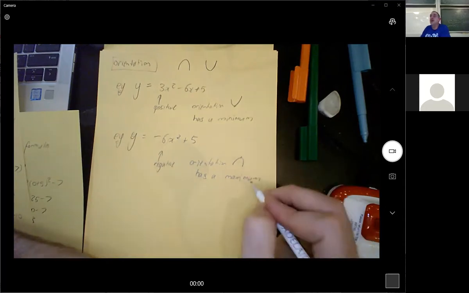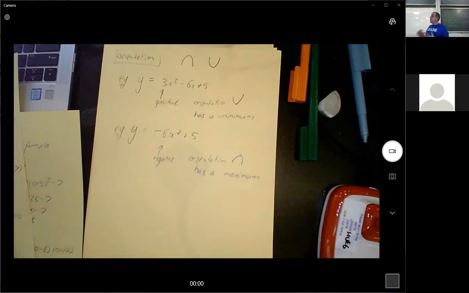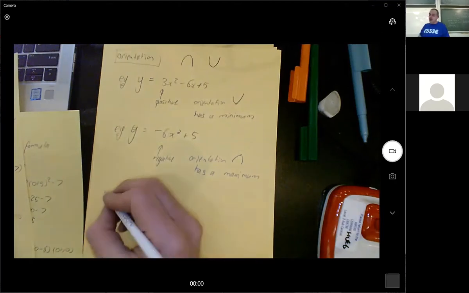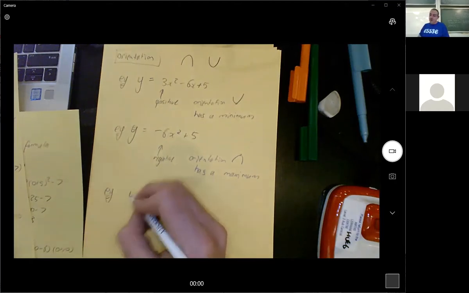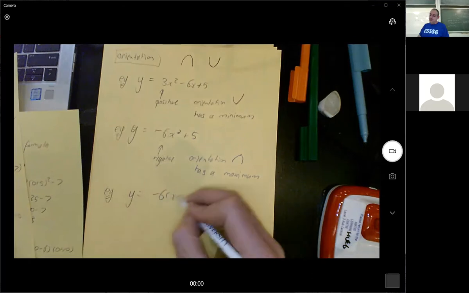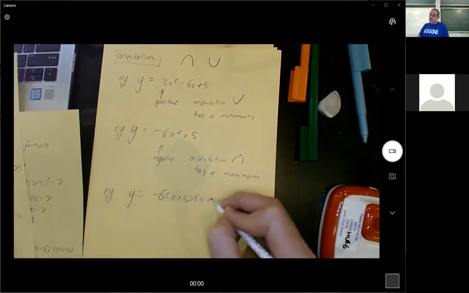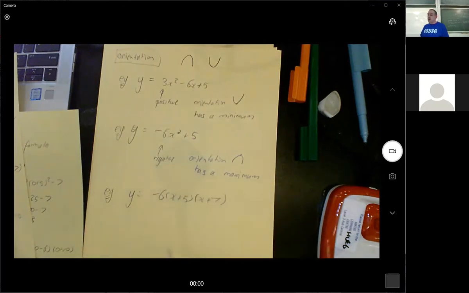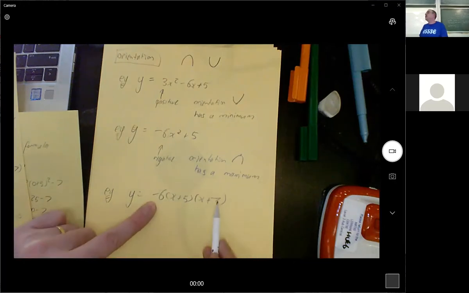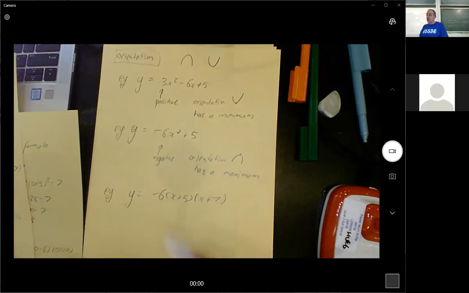That's the maximum there. And it doesn't matter what format it's written with. If you can imagine which number is attached to the x squared, then it will do that same thing. So if I saw something like this, if I expand this out, that -6 is going to get attached to the x squared when I expand it all out. And so this is negative, which means it's this way, which means it has a maximum.